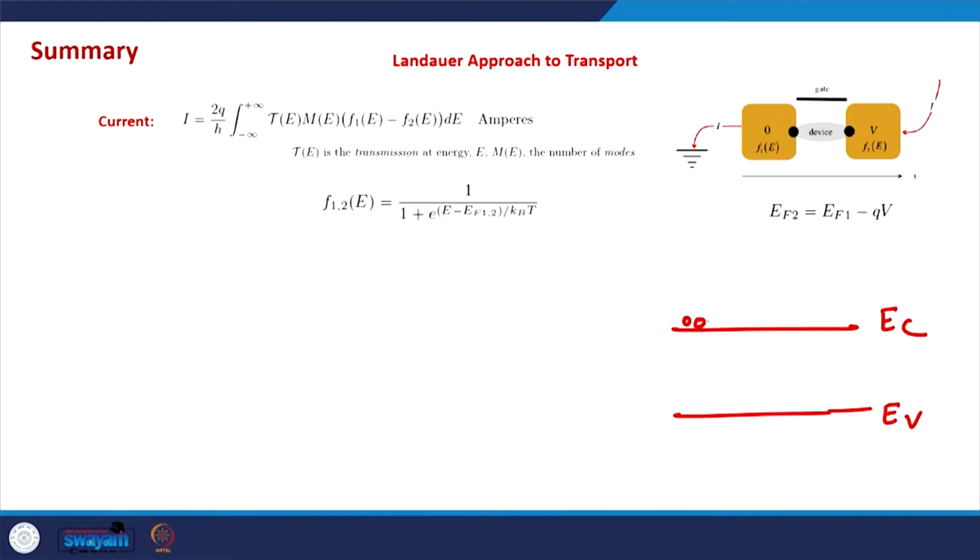We will have electrons here. And for a non-degenerate semiconductor, the Fermi level EF is significantly far away from the bottom of the conduction band.